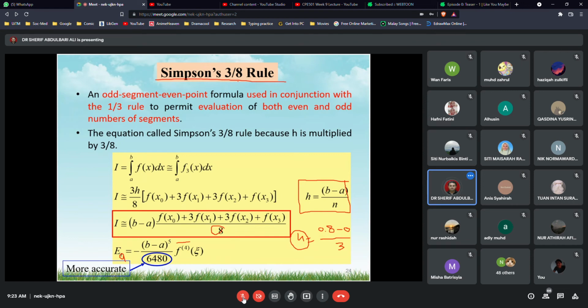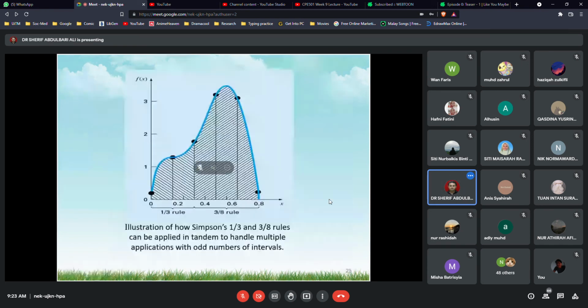Five segments, correct. So this five, how many points? Six points, right? Okay, so this is how we can make the conjunction of 1/3 with 3/8. Since the 3/8 rule doesn't have multiple applications, we are going to combine it with 1/3. Remember, the 1/3 rule, single application, needs 3 points to create 2 segments.